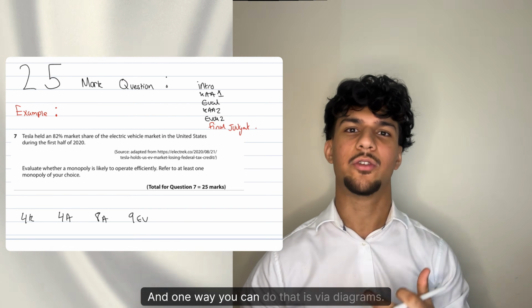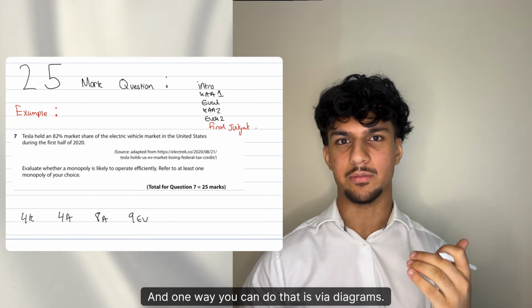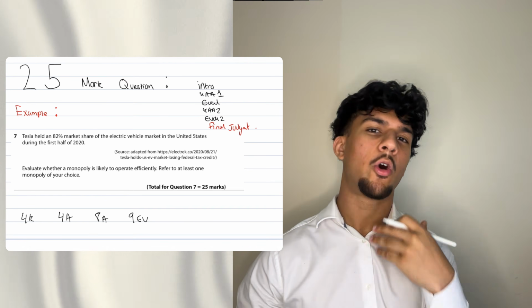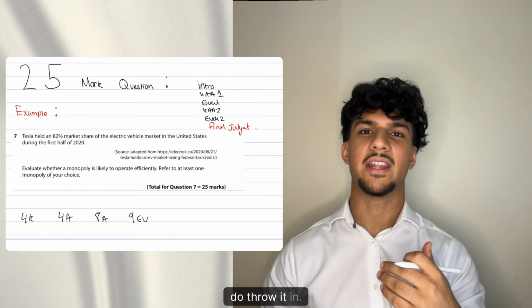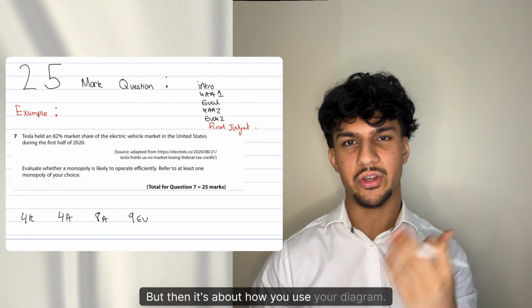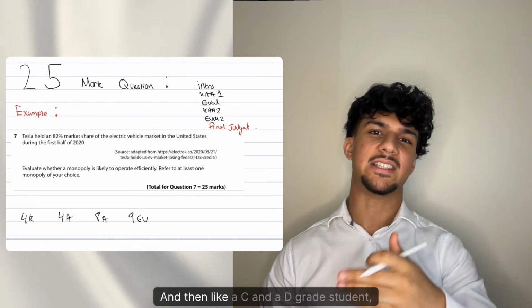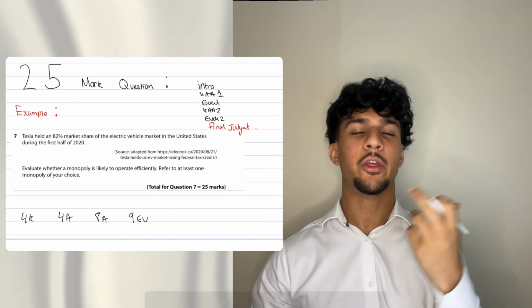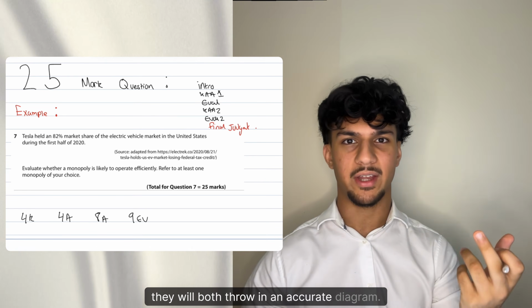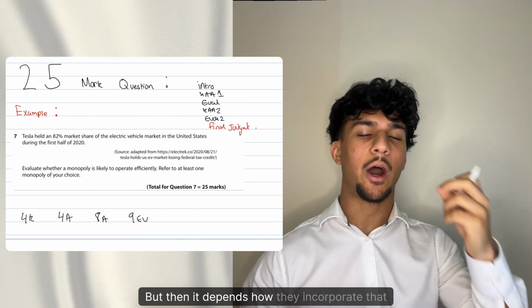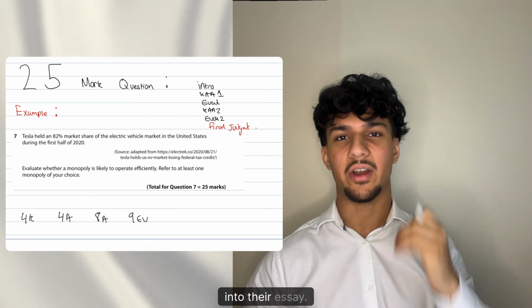Now, we've spoken a lot about chains of analysis being step by step, but how do we do that? One way is via diagrams. If there is a relevant diagram, 100% throw it in, but then it's about how you use your diagram. That is another difference between an A and an A star student and a C and a D grade student. Yes, they will both throw in an accurate diagram, but it depends how they incorporate that into their essay.